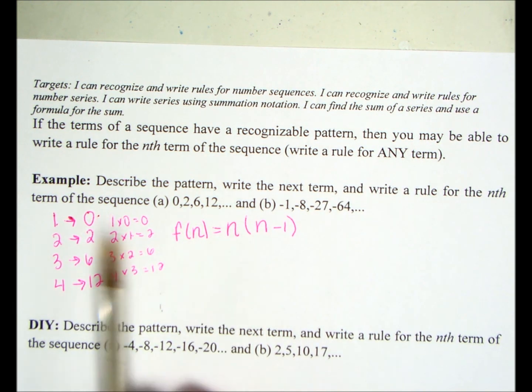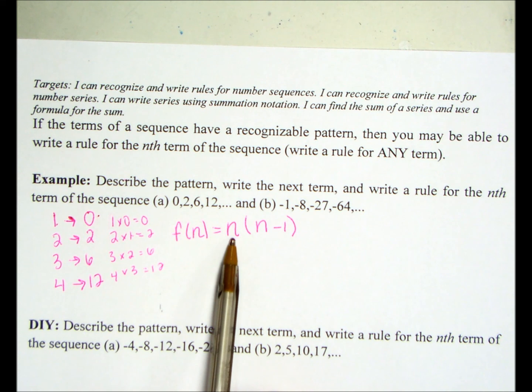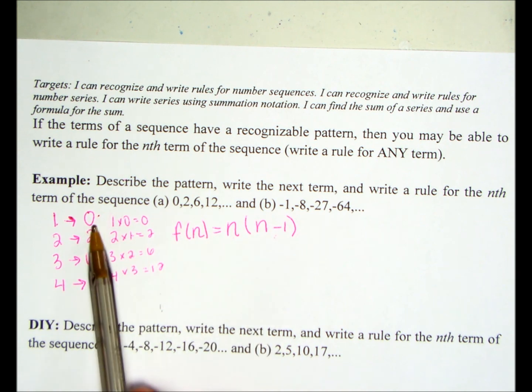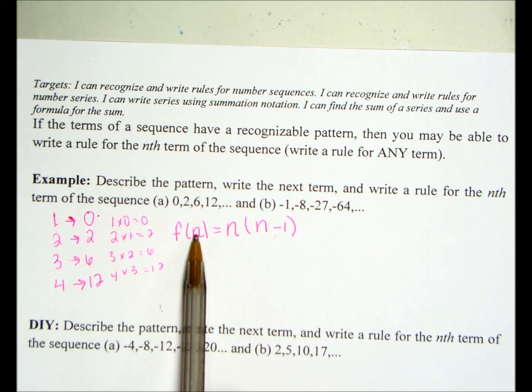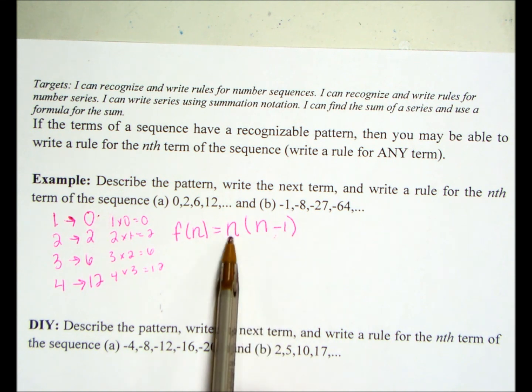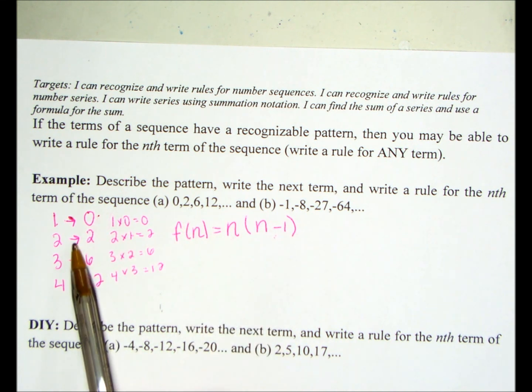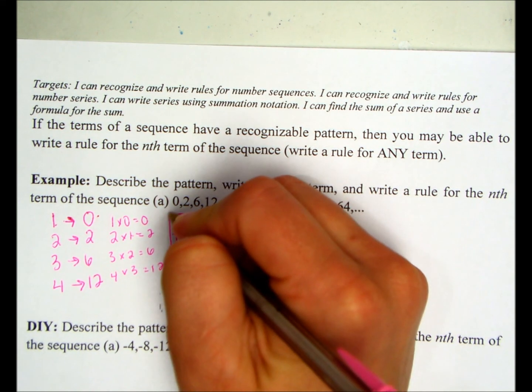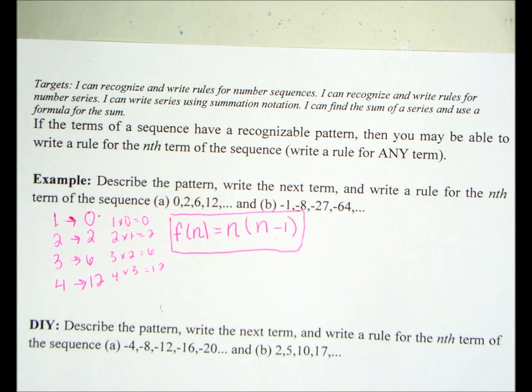If I let n be 1, 1 times 1 minus 1, which would be 0, 1 times 0 would be 0. If I let n be 2, 2 minus 1 would be 1, n would be 2, 2 times 1 would be 2. So I have created a rule or a pattern for this sequence.